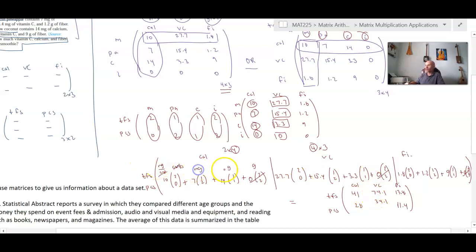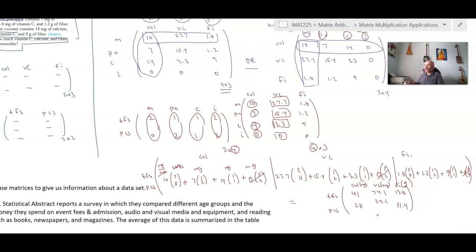These should have been milligrams. 74.1 milligrams of vitamin C and 13.8 grams of fiber. Then, I'll put the units here as well just for reference so I don't make that mistake. And then a pina colada smoothie only has 28 milligrams of calcium, 34.1 milligrams of vitamin C, and 11.4 grams of fiber.